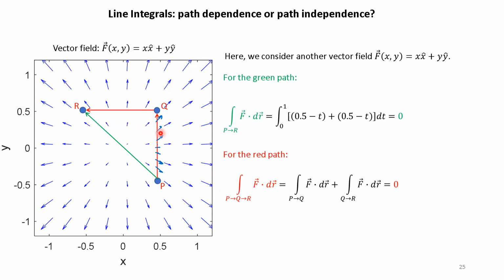Of course, as I said at that time, that's not sufficient to tell me that this is a conservative field, because I need to consider infinitely many paths. But now we don't need to do that. Just do the derivative test. If partial M partial y equals partial N partial x, that means it can be written as the gradient of a function v, and that means this is a conservative field.